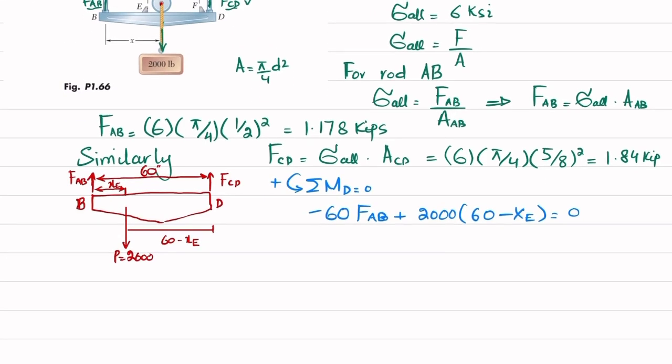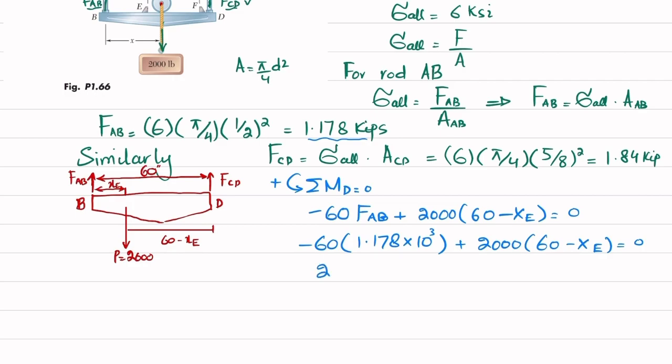You know that FAB is 1.178 kips, so you have to convert it. I will write minus 60 into FAB, which is 1.178 into 10 raised to power 3, converted into pound, plus 2000 into 60 minus XE is equal to 0.